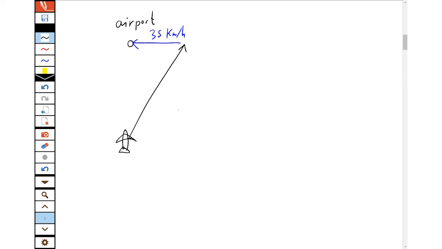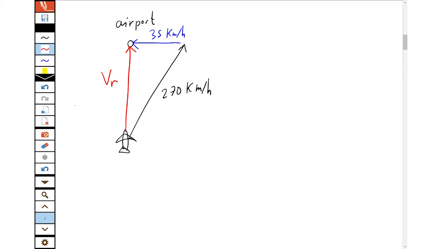Now we're told our plane has an airspeed of 270 kilometers per hour. That's a term sometimes used in this. The plane compared to the air is going 270 kilometers per hour. Well, now when we add these, we see the result will take us to the airport.